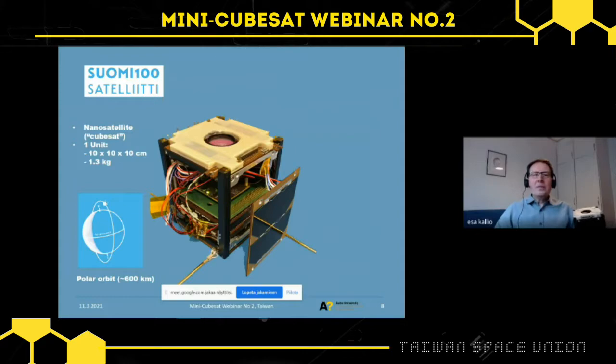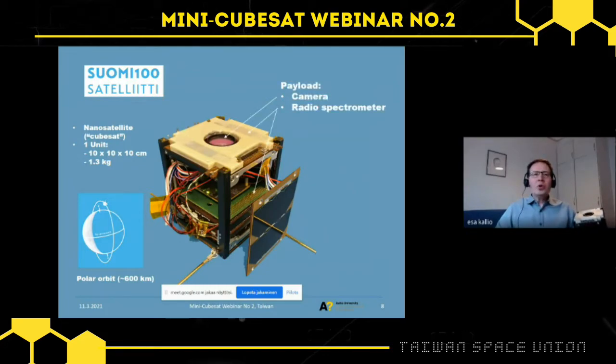In this slide, there are 5 solar panel faces, the black ones, and then there is one white face that you can see at the top. At the top there is a hole because there is a camera objective. The second instrument is the radio wave instrument, and it requires antennas.